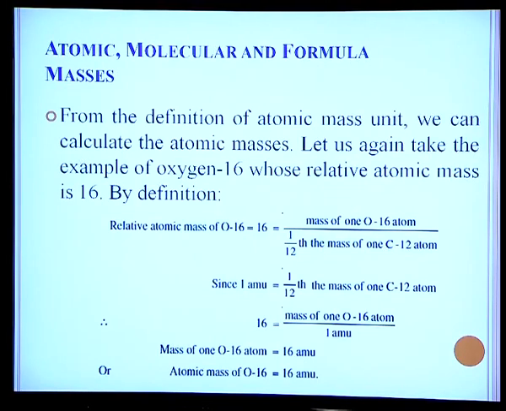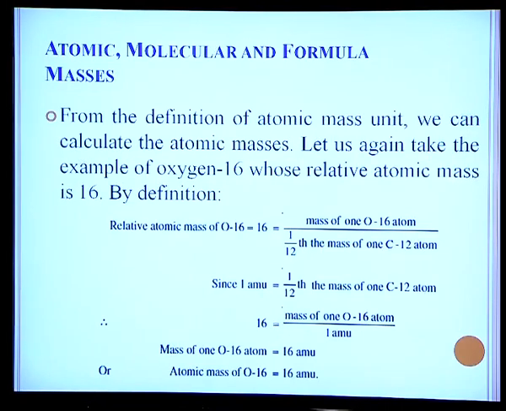Since 1 AMU is equal to 1/12 the mass of the carbon-12 atom, 16 is equal to the mass of an O-16 atom divided by 1 AMU. So the atomic mass of O-16 will be 16 AMU.